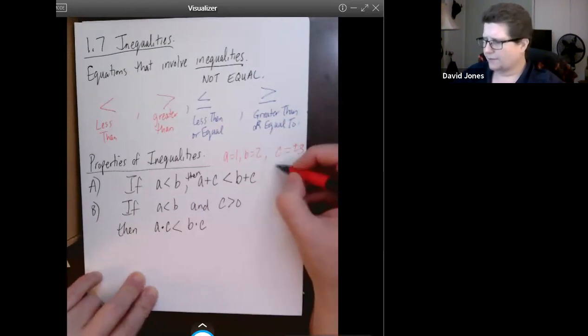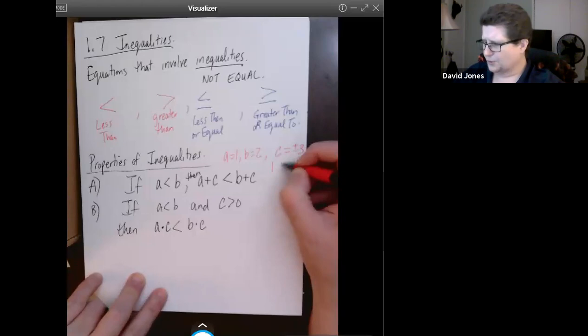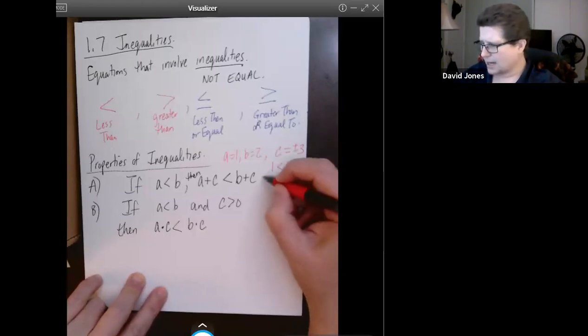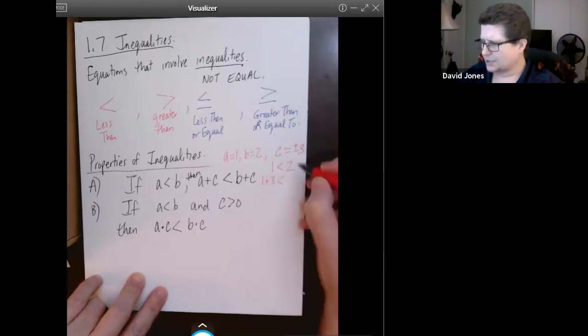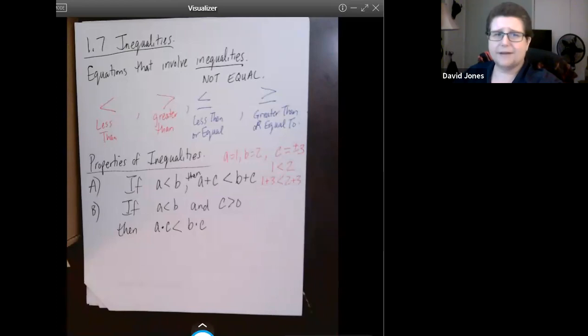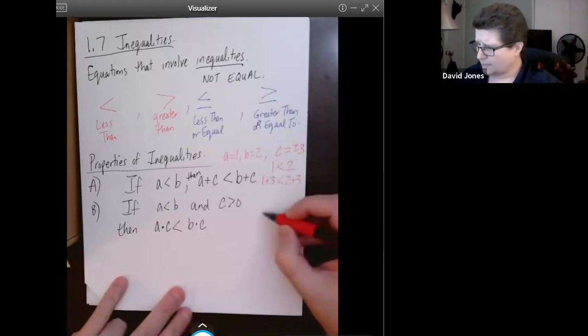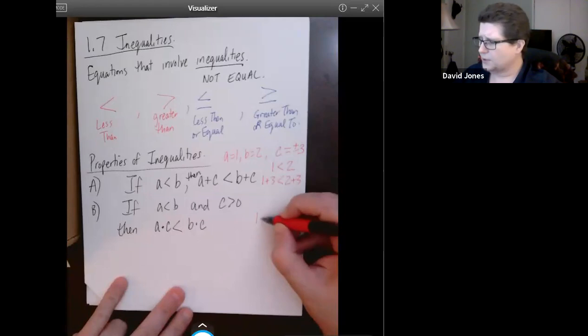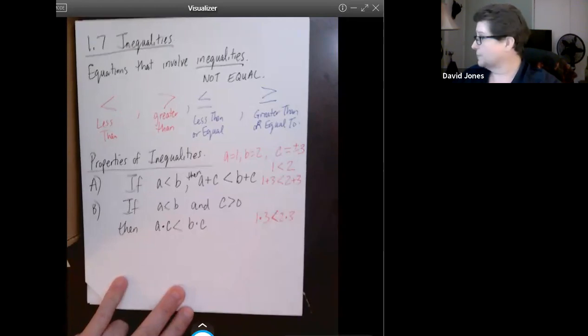So if I have on A, 1 is less than 2, that's a true statement. And I add 3 to both sides, 1 plus 3 is less than 2 plus 3. That's true. 4 is less than 5. And we look at the same principle down here. 1 is less than 2, which means 1 times 3 is less than 2 times 3. That holds to be true.